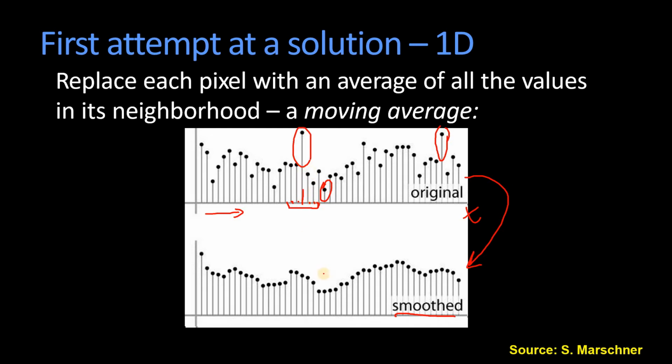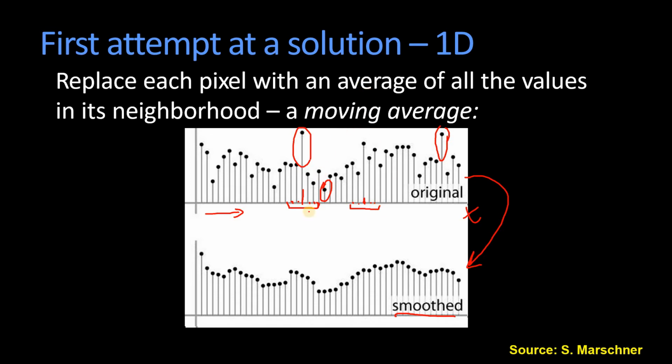Similarly, if I want to take an average for this, I will select 2 pixels on the left, 2 on the right, and then I will put the average over here in the center. Why do I select 2 on the left, 2 on the right? It depends on the size of the window. We normally call this thing a window.